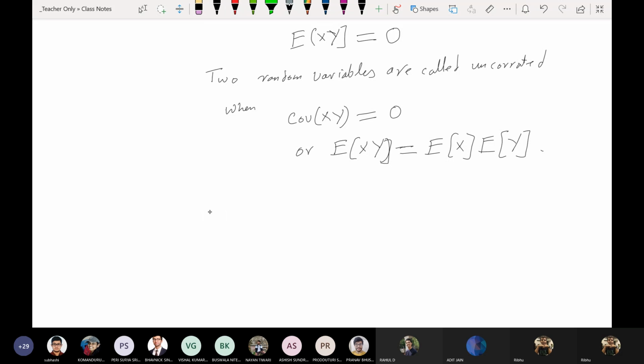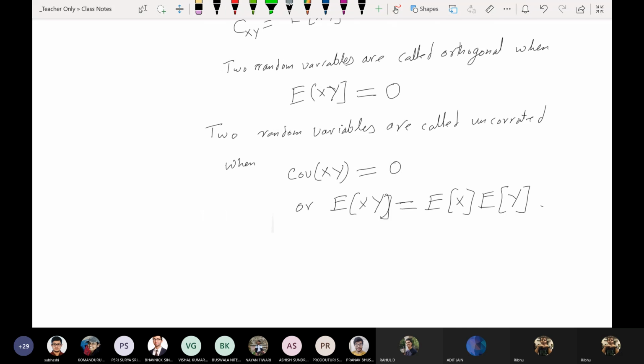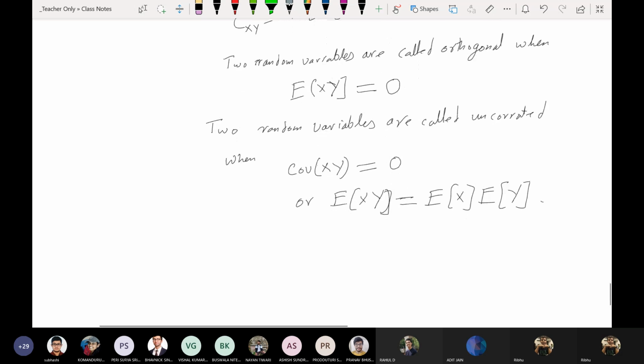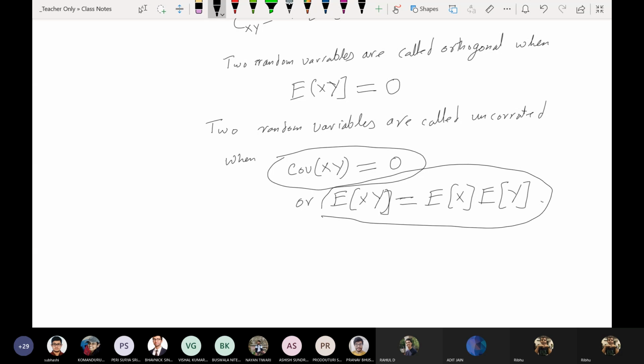So this is the condition for uncorrelatedness: covariance of x and y should be 0. Two random variables are uncorrelated when expectation of xy equals expectation of x times expectation of y.